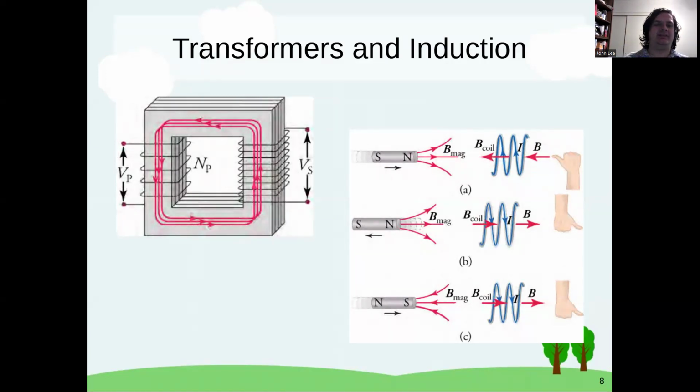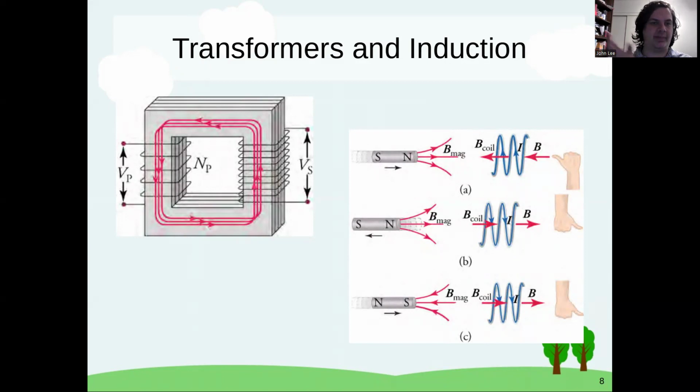So what you have is some ferromagnetic material. We're looking at the left-hand diagram right now. You have some ferromagnetic material, and it is looped. It has two loops of wire around it, or two solenoids around the ferromagnetic material.